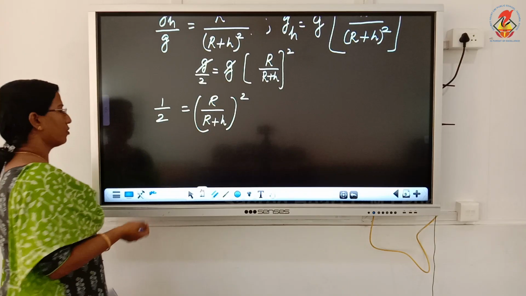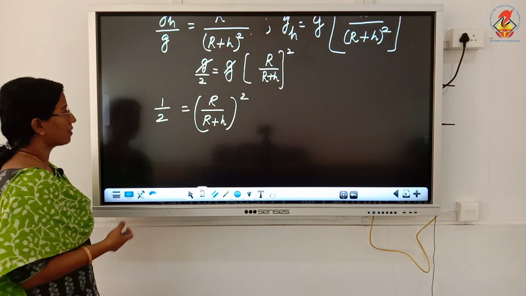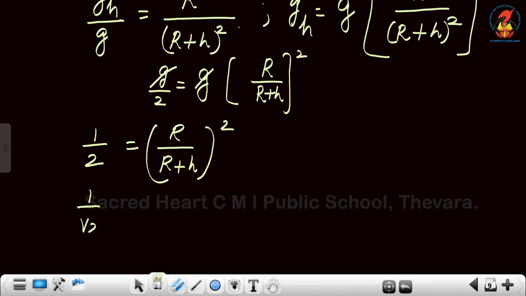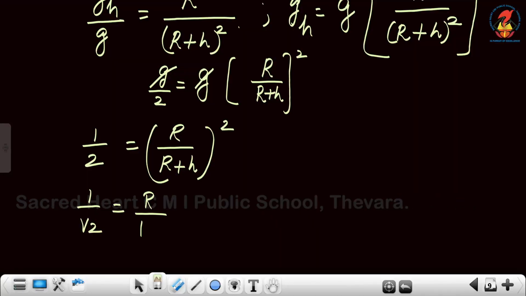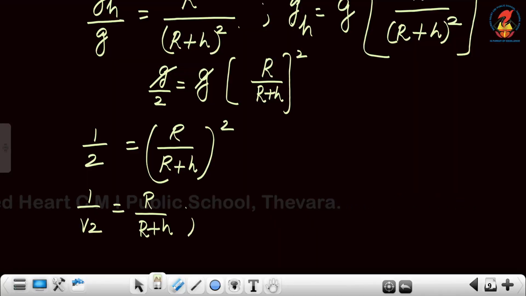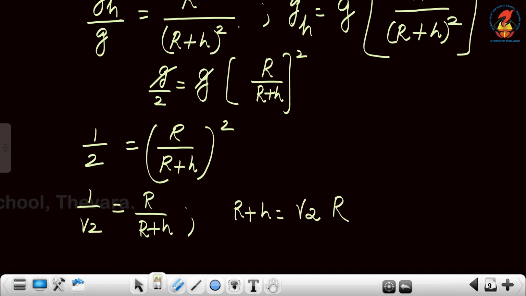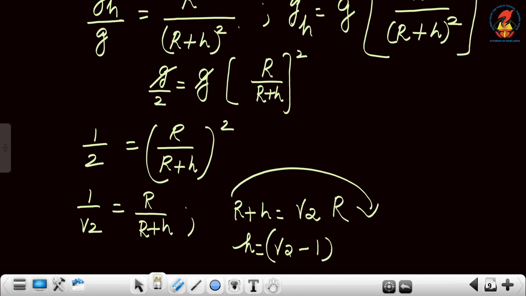In order to remove the square, we take the square root. So we get 1 by root 2 is equal to r divided by (r plus h), and rearranging we get r plus h is equal to root 2 into r, or h is equal to root 2 minus 1 into r. We take this r to the other side, it becomes minus r.